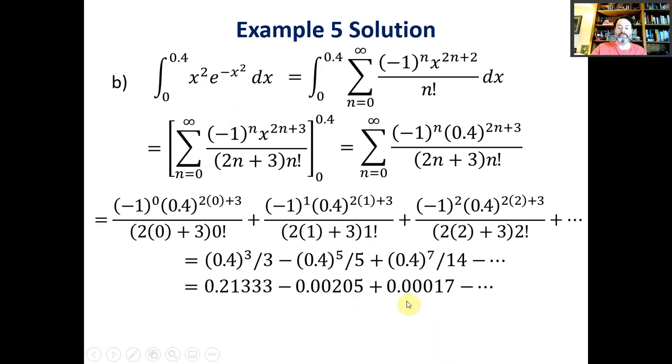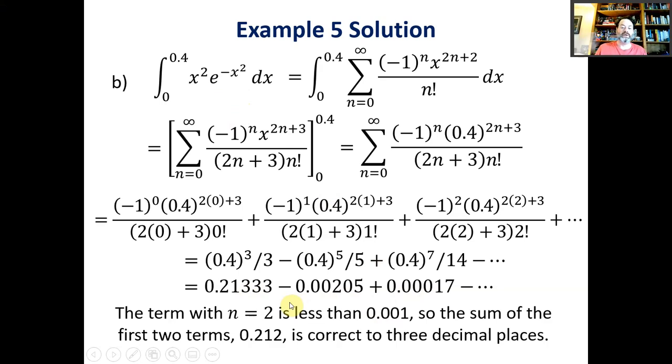So this one is zeros to 3 decimal places. So you sum up these two, and the sum of the first two terms is correct to 3 decimal places.